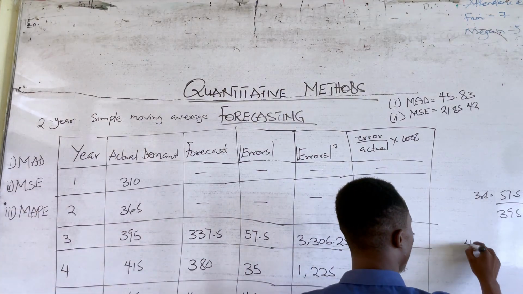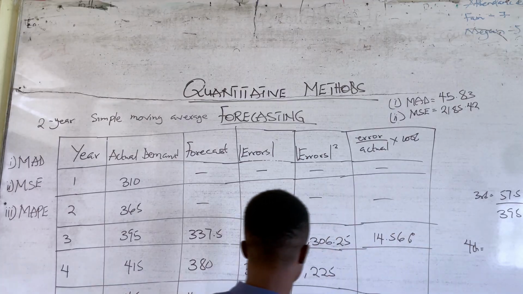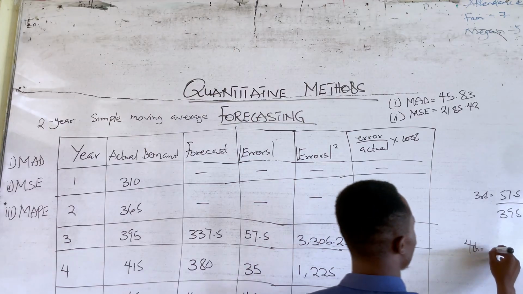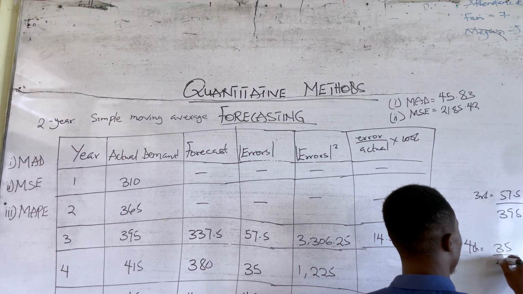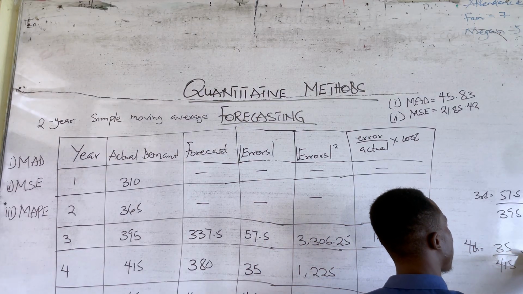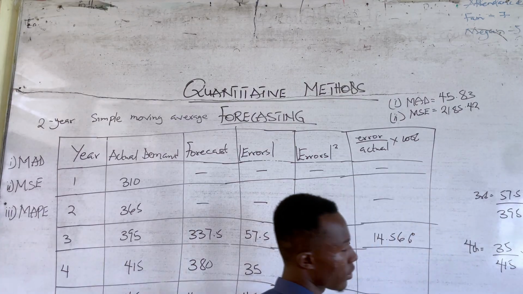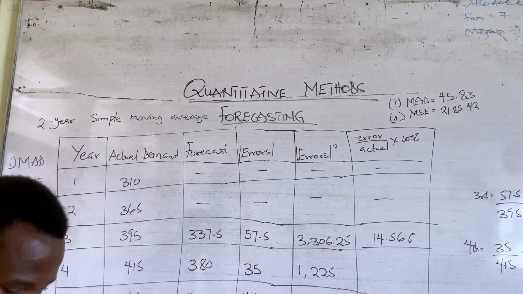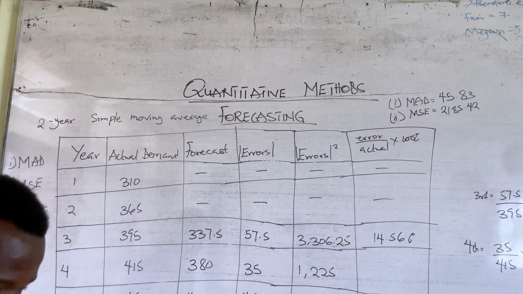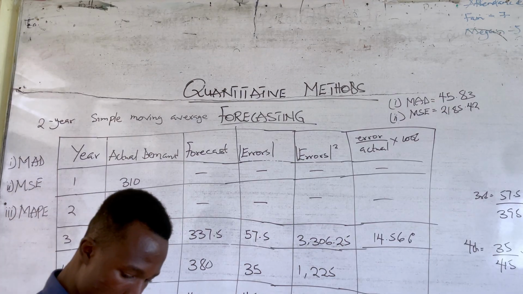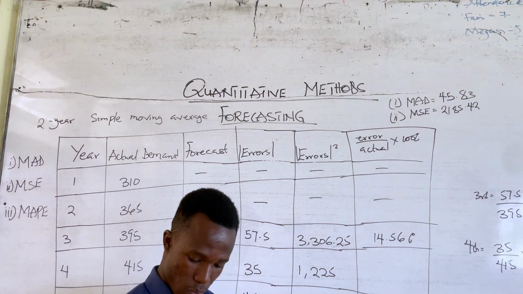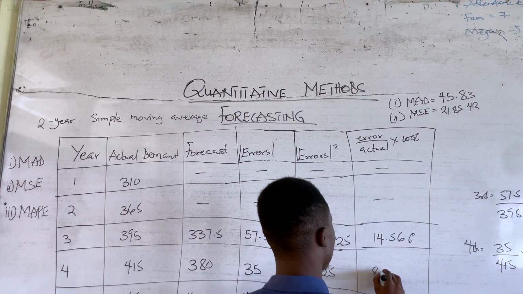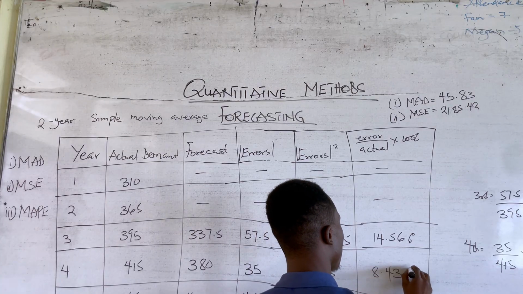For the fourth year, what's the error? That's 35 over 415. So we have 35 over 415 multiplying by 100 percent. Okay. So we have 35 divided by 415 multiplying by 100%. We have 8.43%.